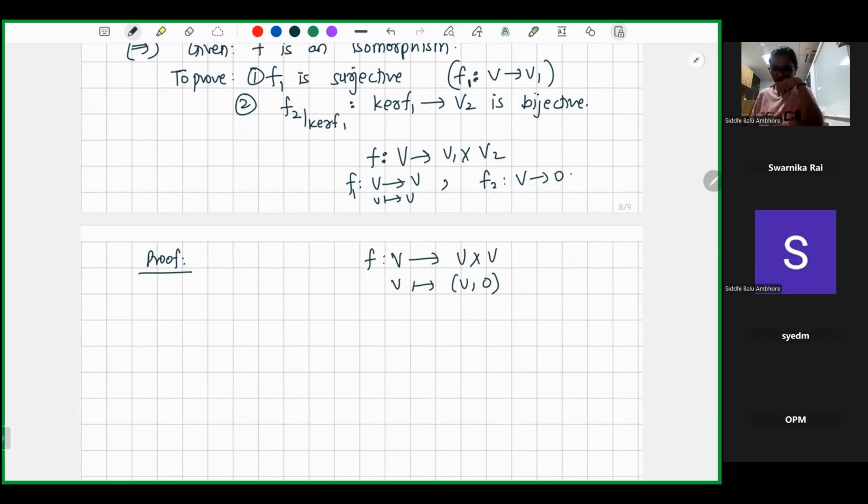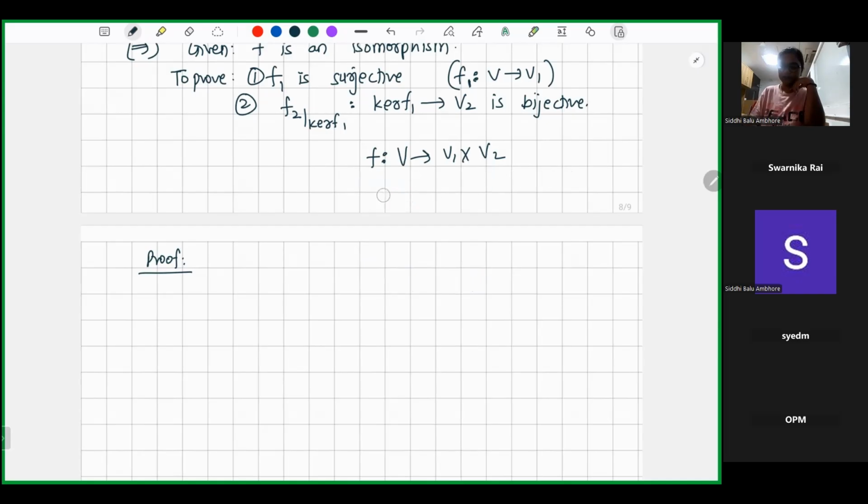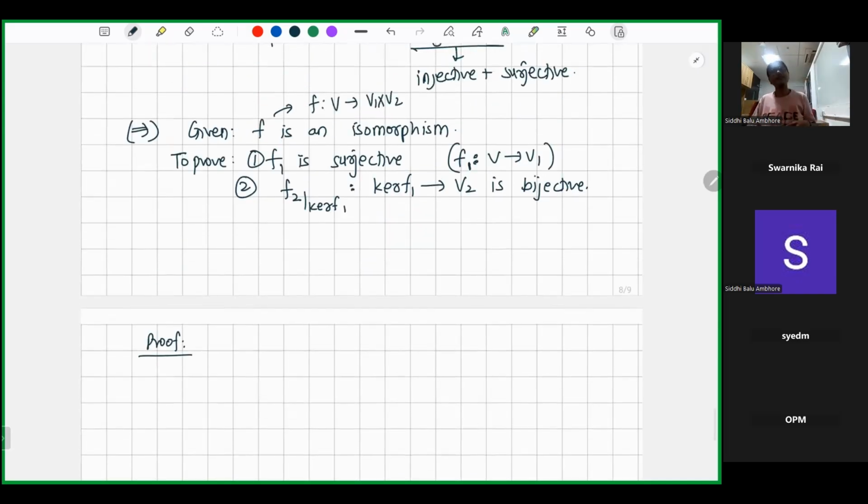There's a little fundamental doubt because above you mentioned that if it is an isomorphism, then F should be linear and F should be bijective. But in this given question, there are two functions, F1 and F2, and then a third function called F, which is from V to V1 cross V2, and we need to show that F is an isomorphism.